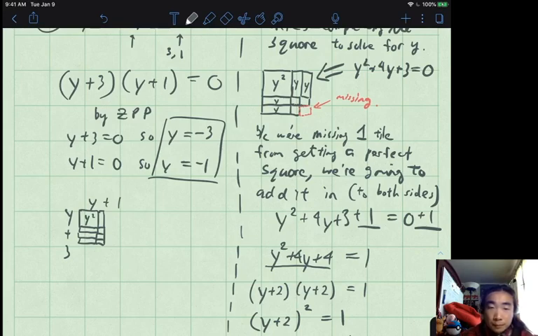All right, so far so good. Is it making a little bit more sense? I hope the picture helps.